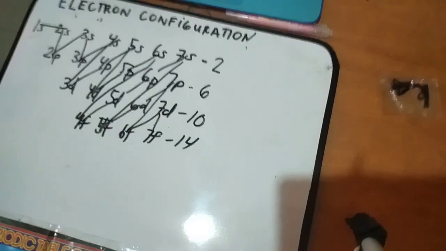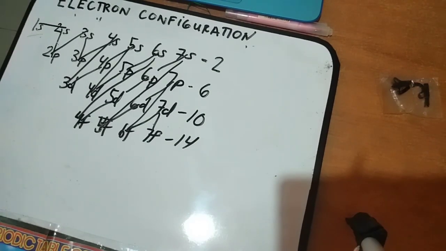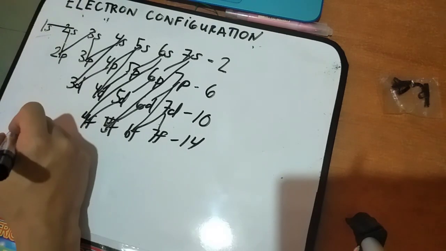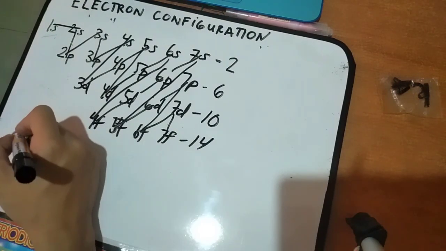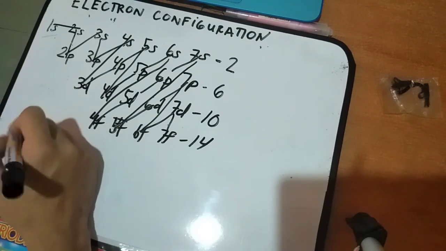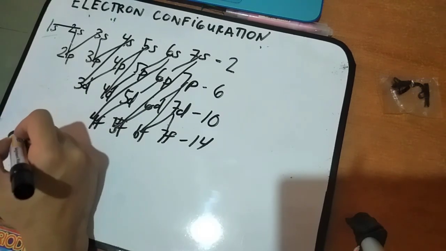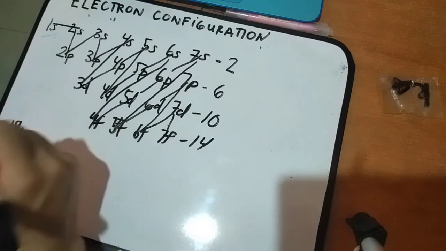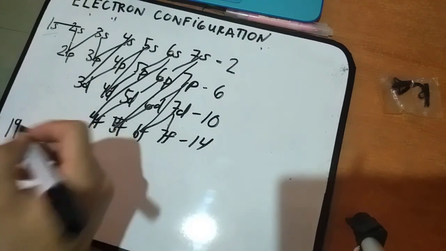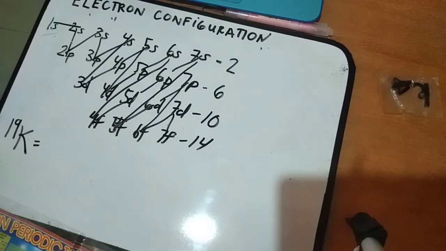So, let's try to have potassium. Okay? Potassium has an atomic number of 19. So, gawin natin yung electron configuration niya.